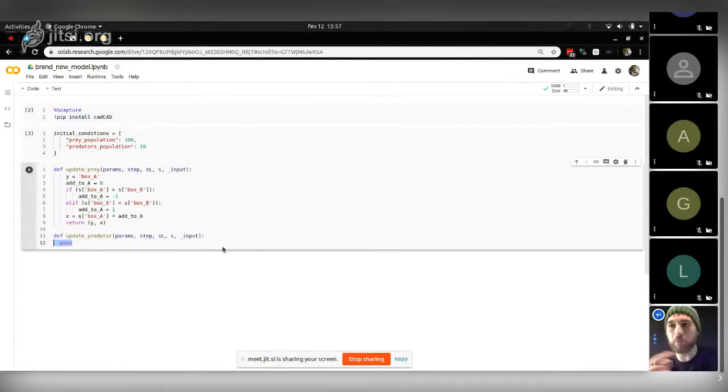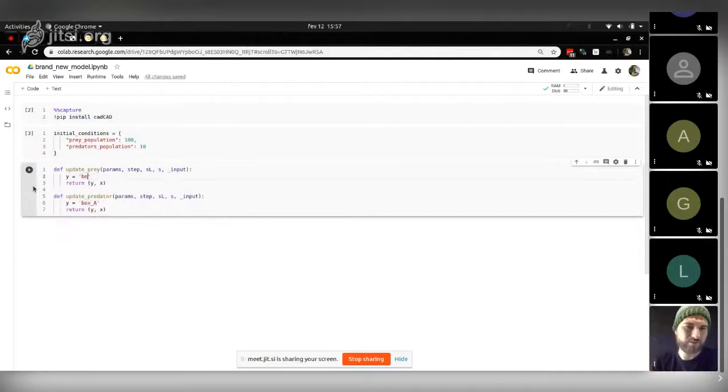Here I remove the logic because I will use some policies. The inner workings of the update function work like this. You have to return a tuple, and the first element is the variable that you are updating, the variable that you put in the initial conditions. The second one will be the value of that.